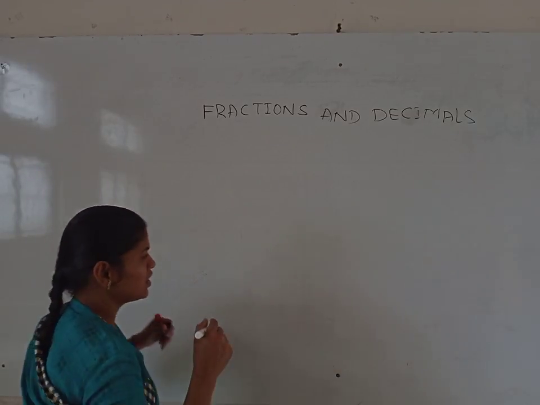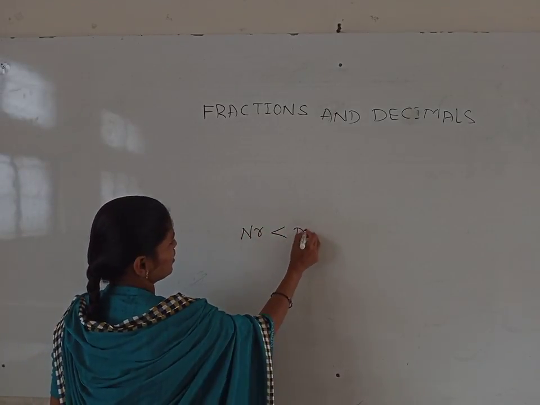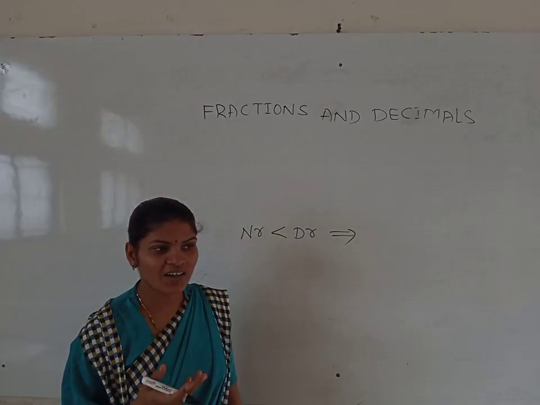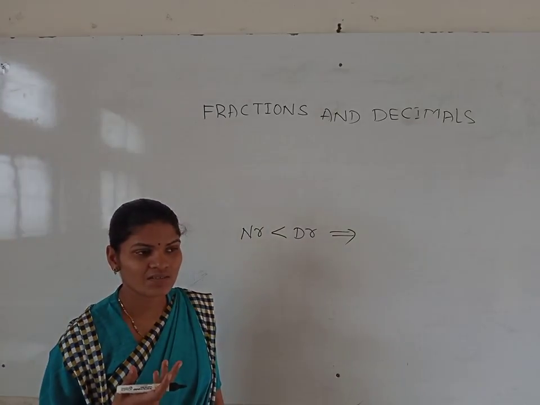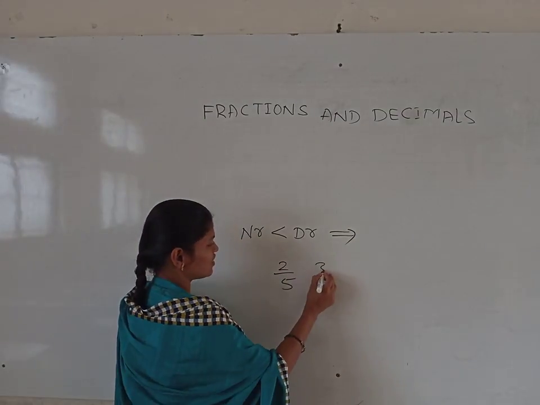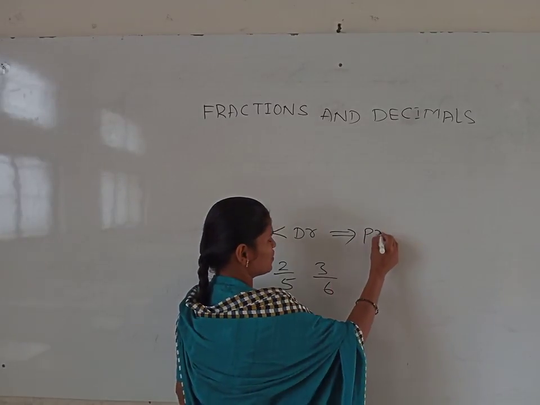Please tell me, if the numerator of the fraction is less than the denominator, we will call this one either proper or improper? Which type of fraction? 2 by 5, 3 by 6. Which one is it? Proper fraction. Good.